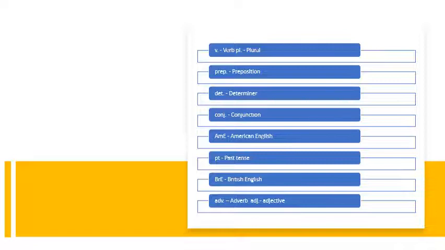AM capital letter E, American English. PT is past tense. PL plural, PT past tense. BR capital letter E, that is British English. ADV is adverb. ADJ is adjective. ADV is adverb.